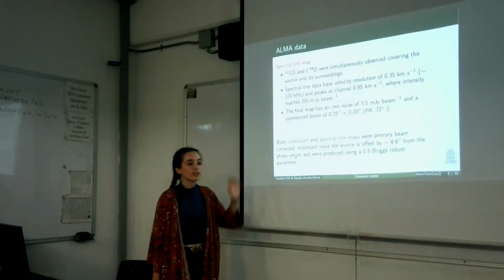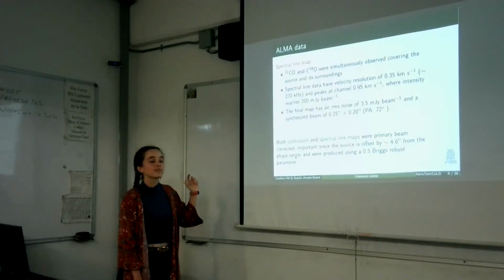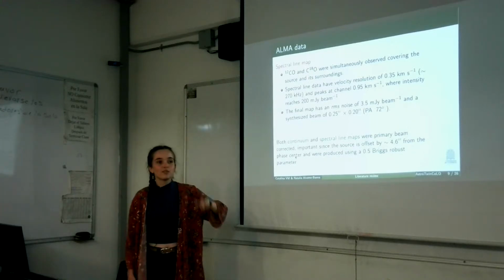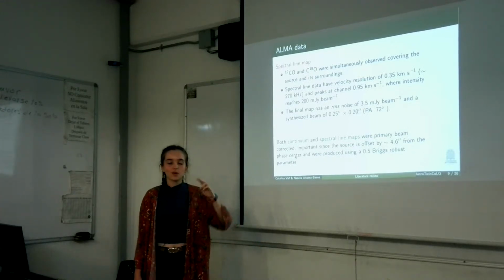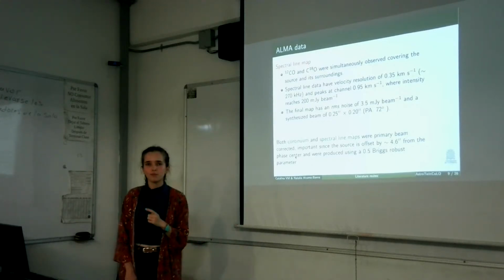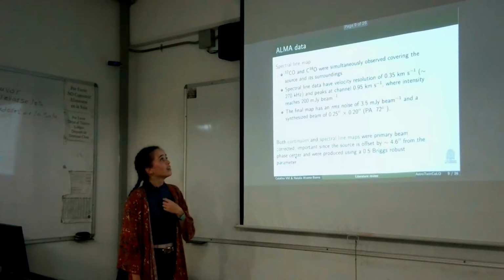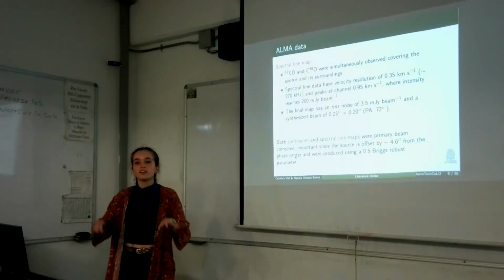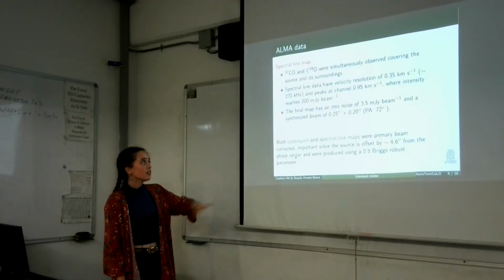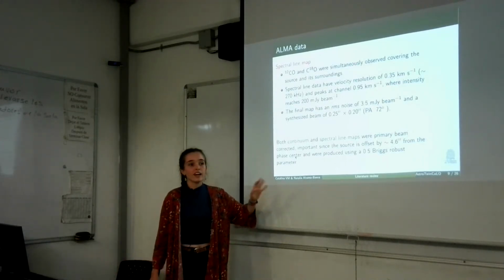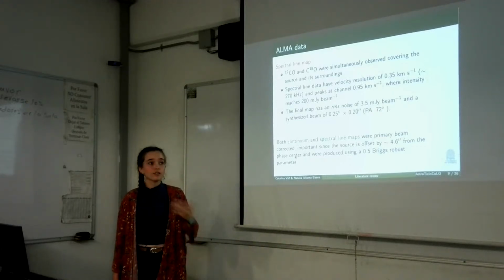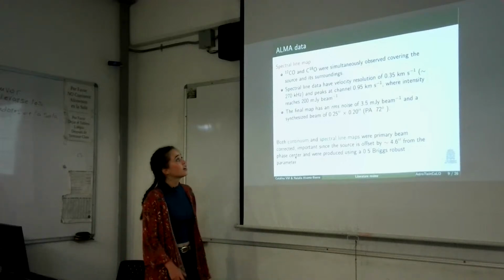And for the spectral line, they measured two isotopes of CO, an isotope of carbon and an isotope of oxygen, and that covers the source and its surroundings. The spectral line data is pretty similar to other data calculated in other papers.